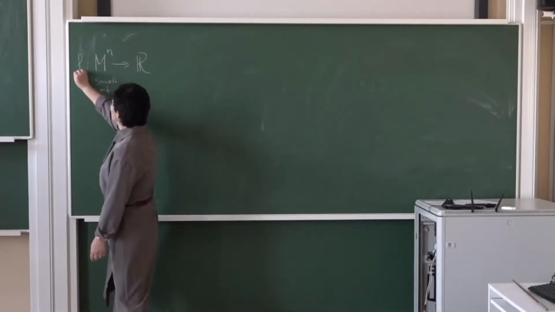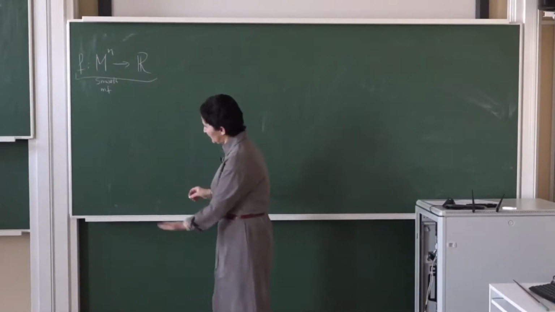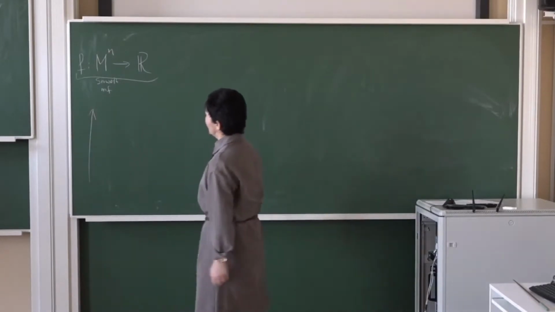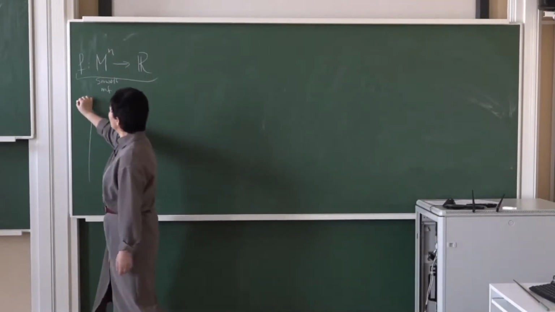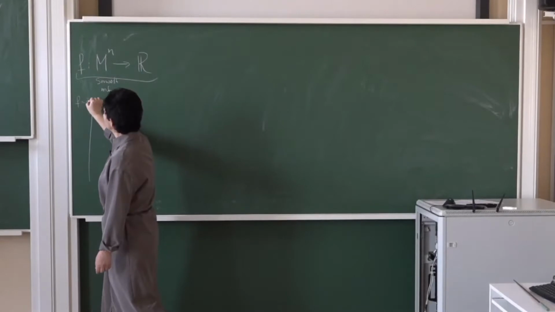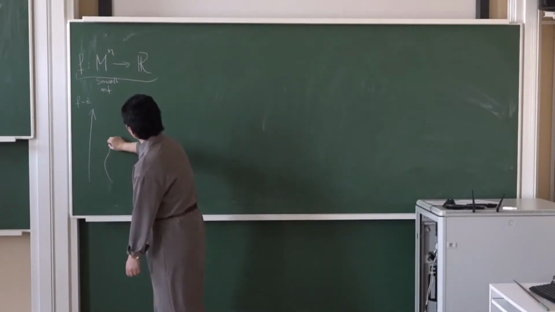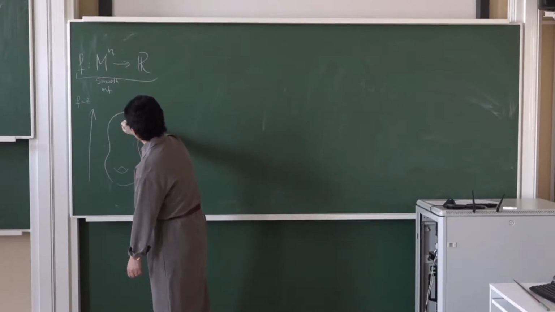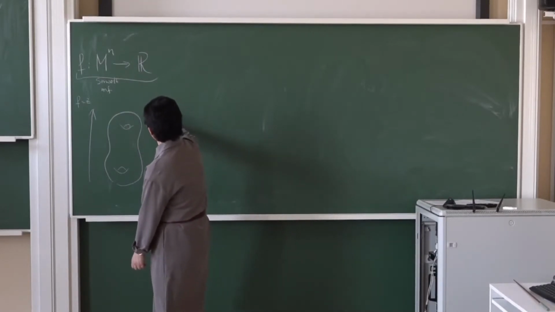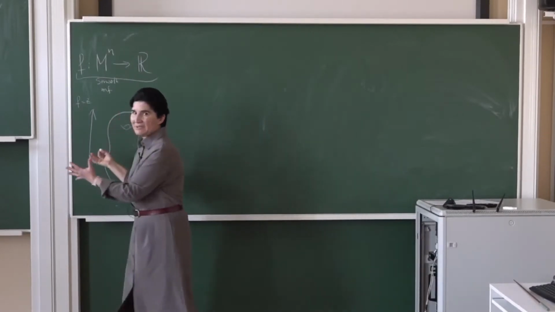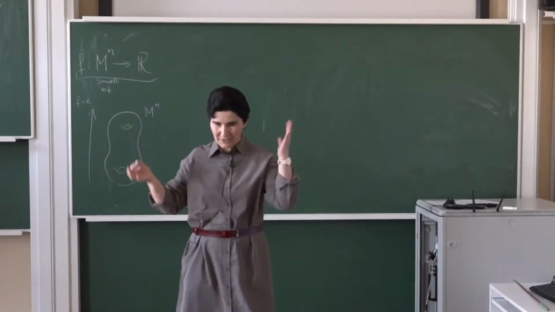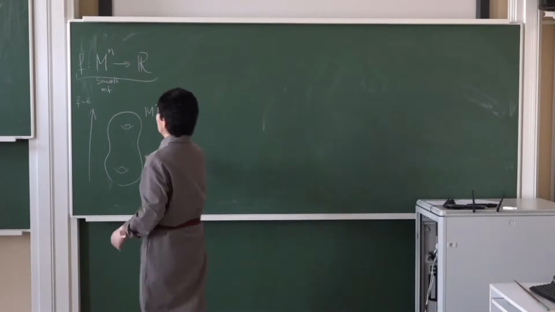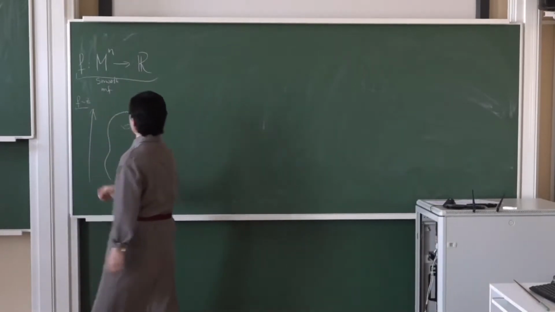This picture can be visualized, and it is usually visualized, for instance, in Milnor's book like this. Let us assume that f equals the z coordinate, and the manifold Mn is somehow embedded in a big Euclidean space, and the function f is just one of the coordinates.